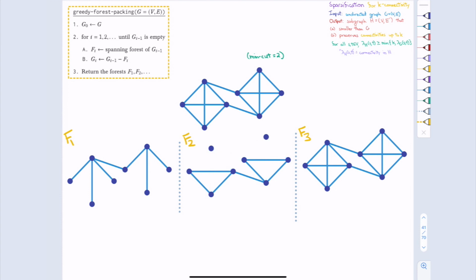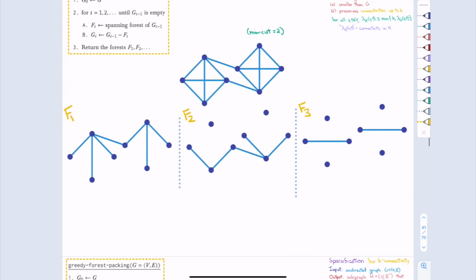So that should leave that. And I just want a spanning forest of this graph, like that. So that would be a second forest, and the third forest, I guess, would just leave these 2 unused edges. So we've taken the input graph and turned it into 2 forests.